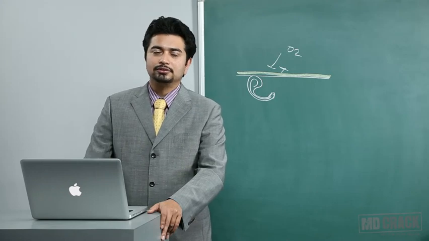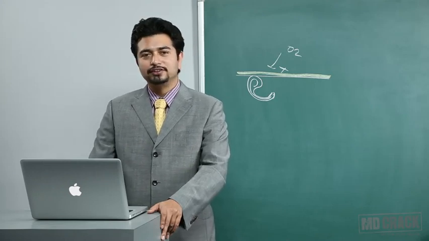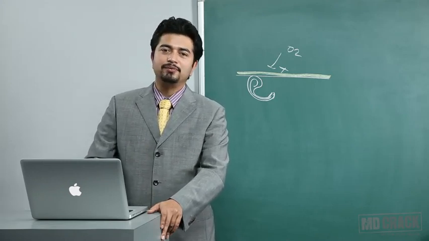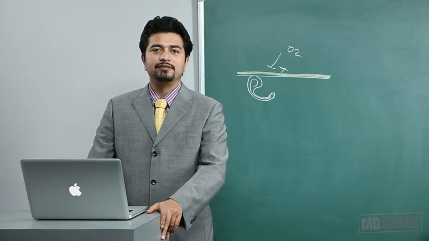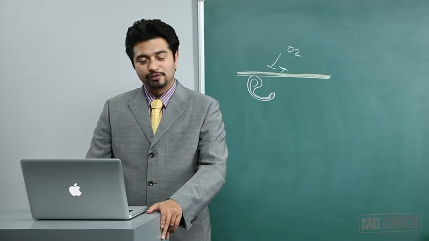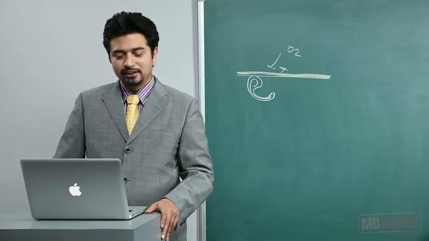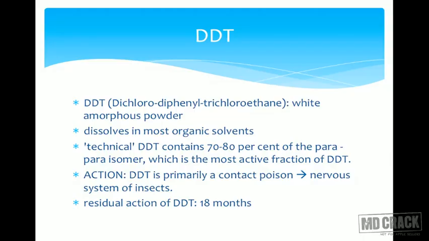Coming to the last end of the chapter, we will be just saying some important points about an insecticide which has saved millions of lives. So we'll pay some respect to it, and that is DDT, dichloro-diphenyl trichloroethane. It is a white amorphous powder.